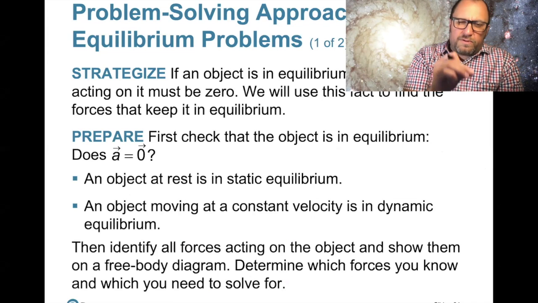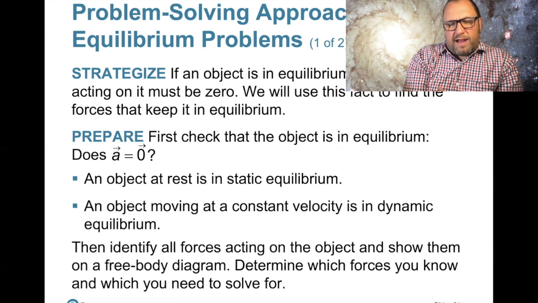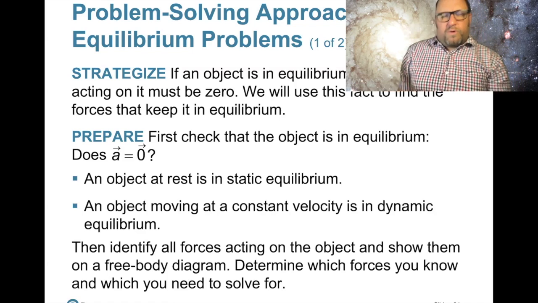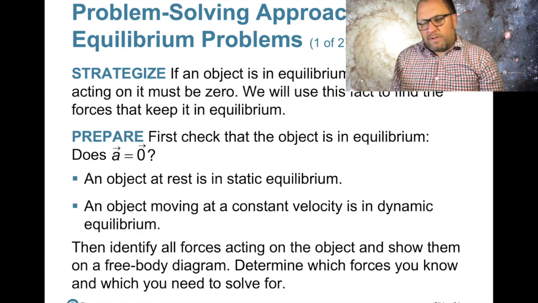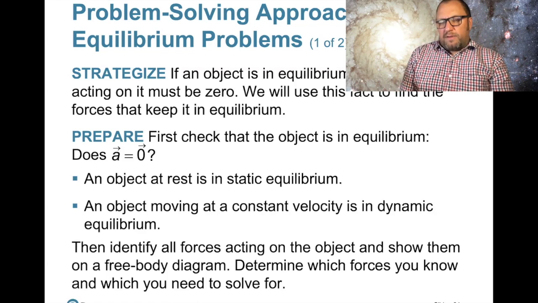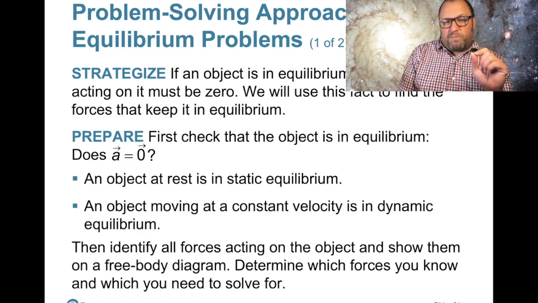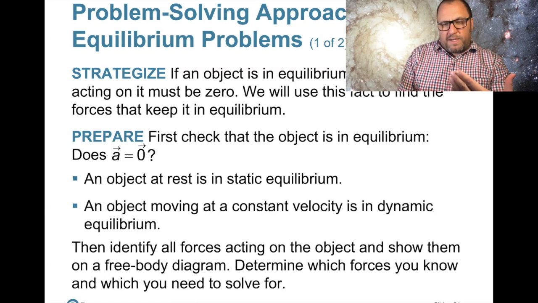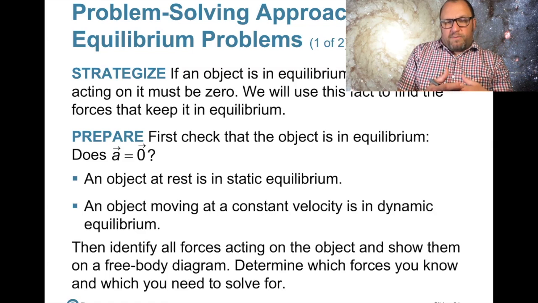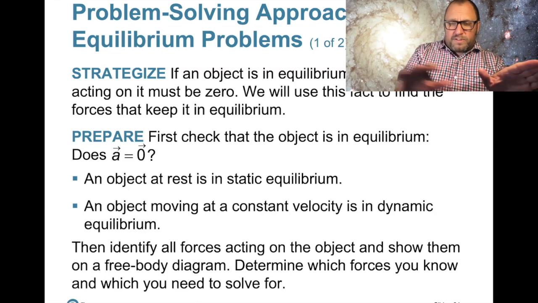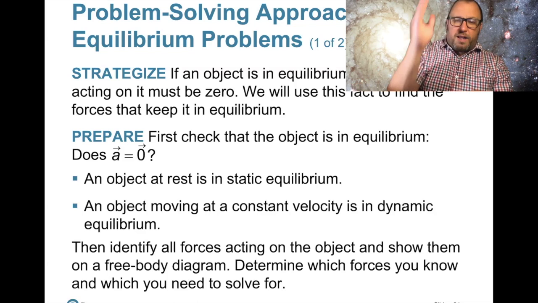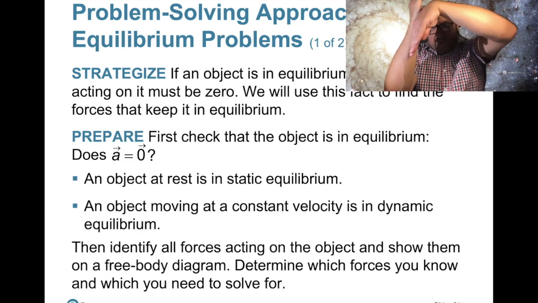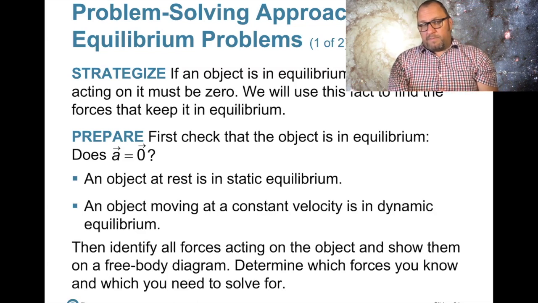The clues to whether it's in equilibrium will say something like it's traveling at a constant velocity or a steady speed, or it's standing still. Those are a clue that you are in equilibrium. So read the problem carefully to determine if it is in equilibrium. And always remember, forces going left equal forces going right. Forces going up equal forces going down if it's in equilibrium.